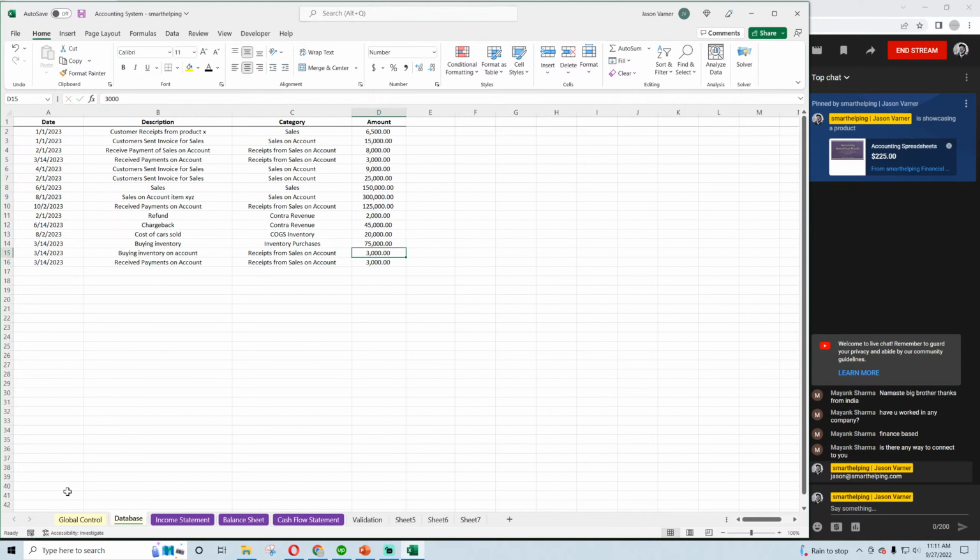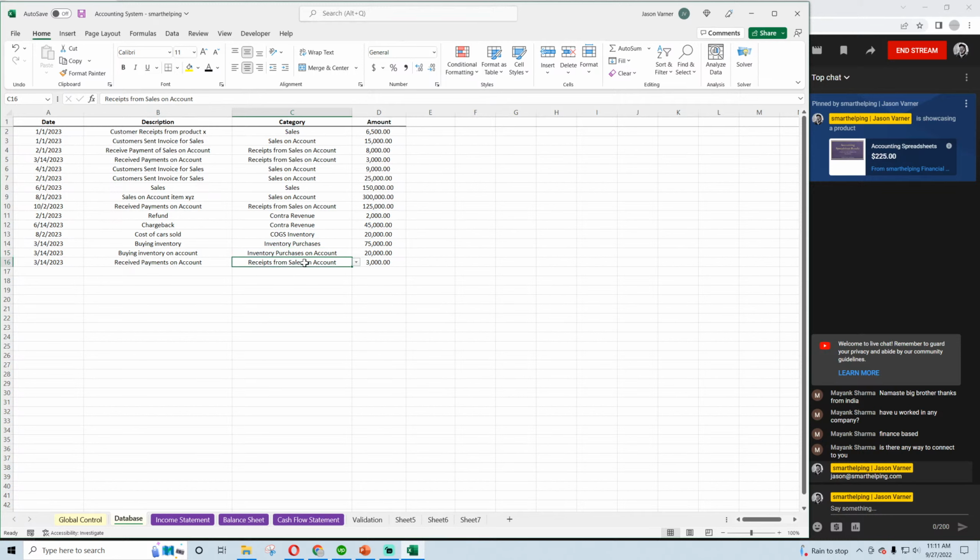Let's say you bought 20,000 on account. So what this means is you've paid anything that's just called inventory purchases. That money goes out in the month you put here. Anything that says inventory purchase on account does not go out at all, but it increases the value of inventory, but also will increase accounts payable.